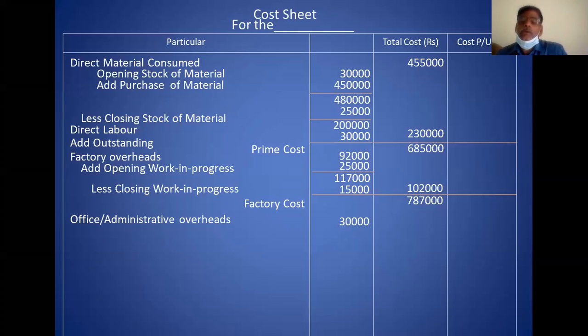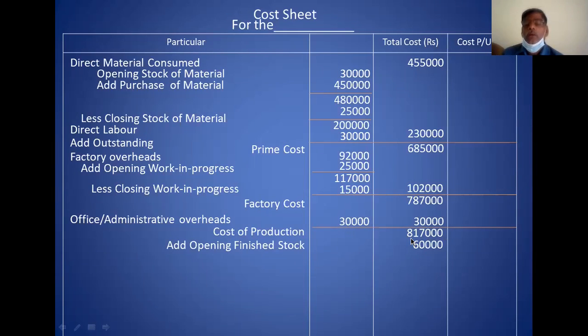You take it to the total column directly because there is no adjustment to it. Only one item is there. You take the total. Total is 8,17,000. This is called cost of production.